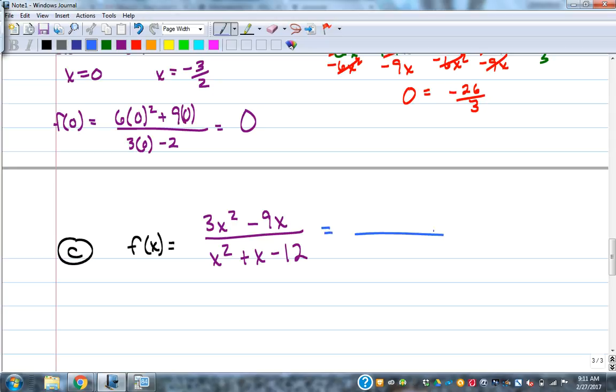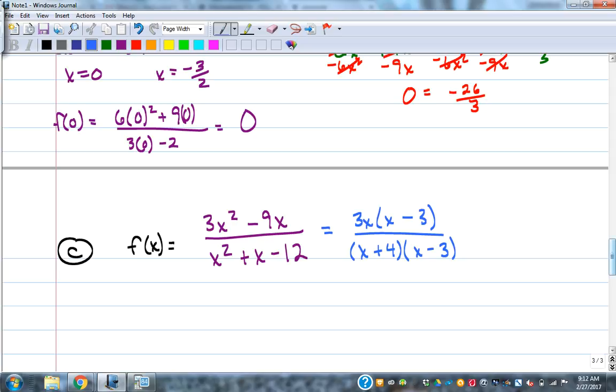I'm going to go ahead and factor top and bottom. So 3x times x minus 3. Bottom part, how does it factor? Yeah, x plus 4, x minus 3. Well, multiplies to be negative 12, adds to be positive 1.